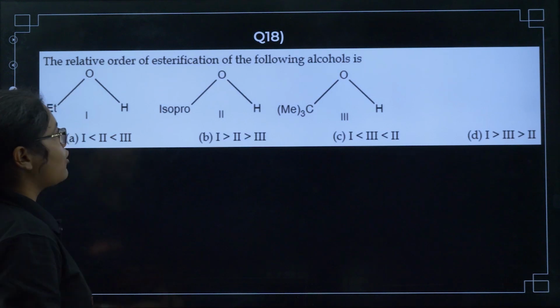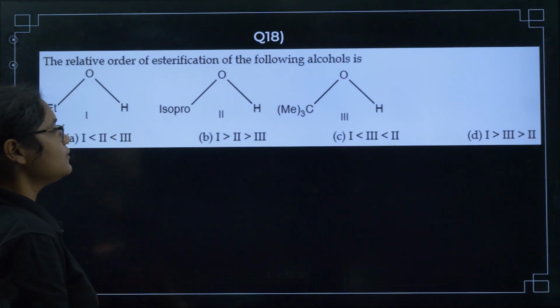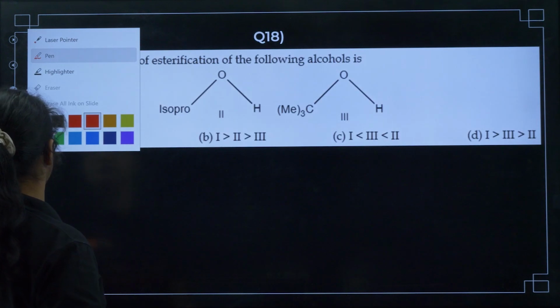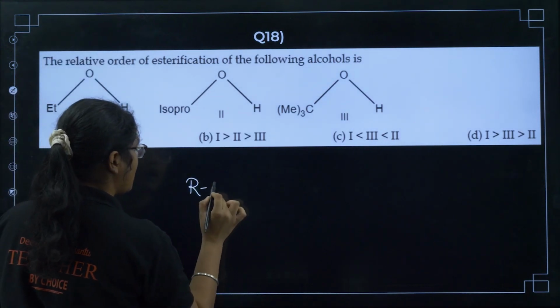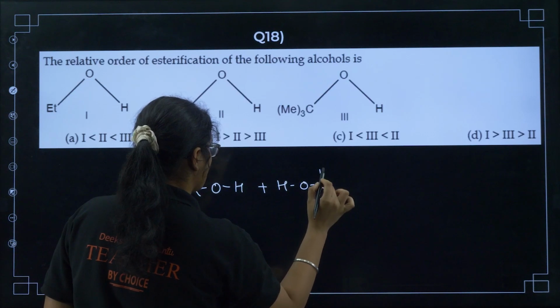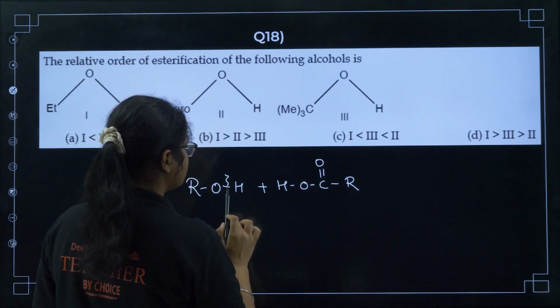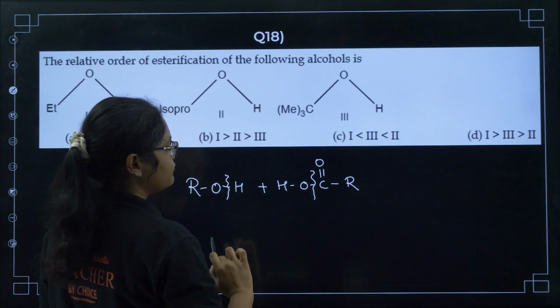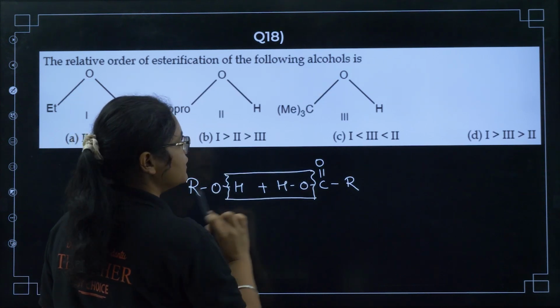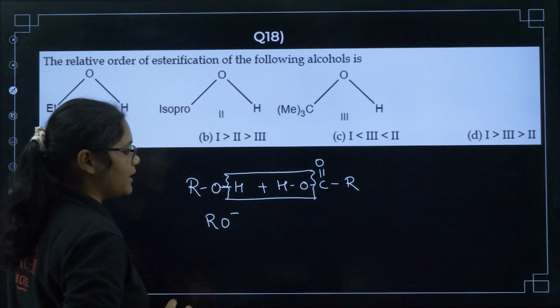Next, the relative order of esterification of the following alcohols. If you remember, in esterification you have one ROH and one RCOOH, right? Here the OH bond breaks, and this OH bond breaks, and water is removed. Now whenever this OH bond breaks, RO minus will form.